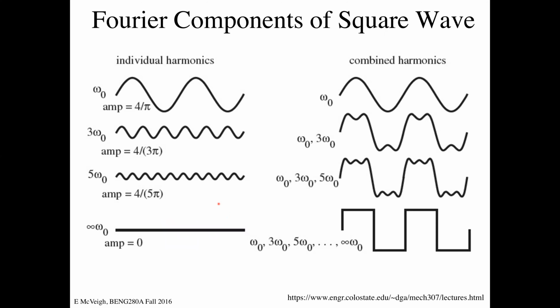This is an example that's all over the place. Every time you do Fourier series and Fourier analysis, you'll see this example. If my g of x is a square wave, it's not a rect function, it's a square wave, so it's going between 1 and -1, 1 and -1, 1 and -1. That goes on forever. And we ask, what would be the components of the sine waves that I would add up to make that thing?